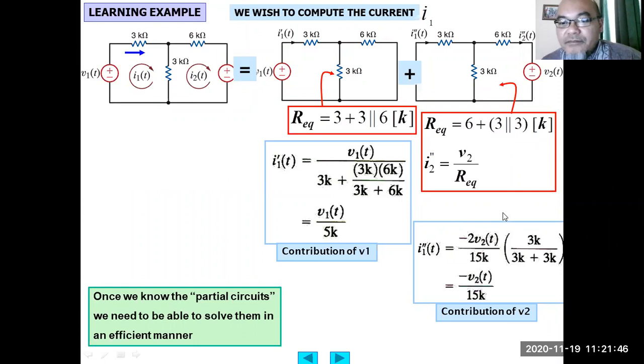So here we obtain the value of I double dash, the voltage here is V2 divided by 7.5K.